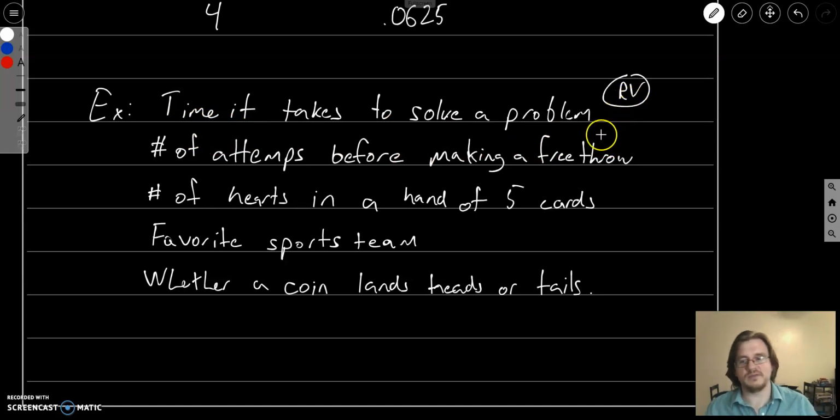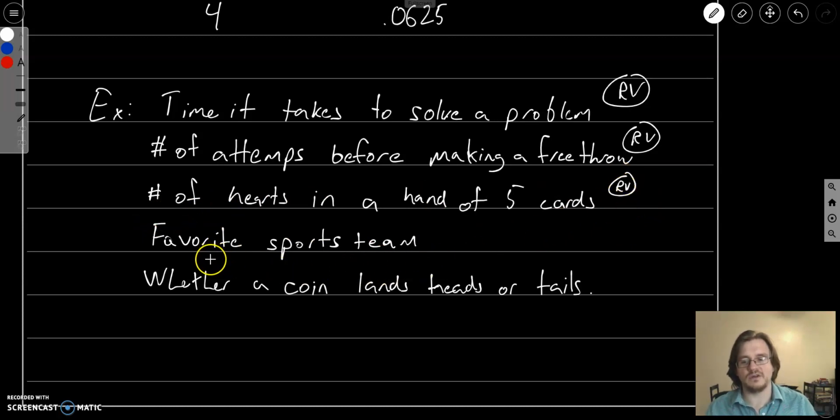The number of attempts before making a free throw in basketball, again, if you're counting something, this will be a random variable. And then this last one, the number of hearts in a hand of 5 cards. If you're dealt 5 cards from a deck, the number of hearts you have, again, it's a number. So this is going to be a random variable.